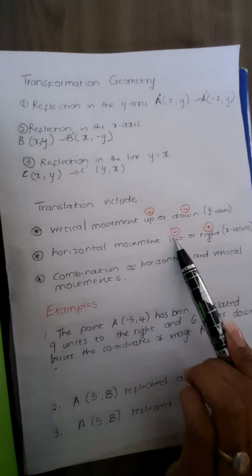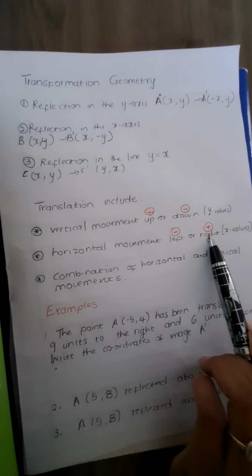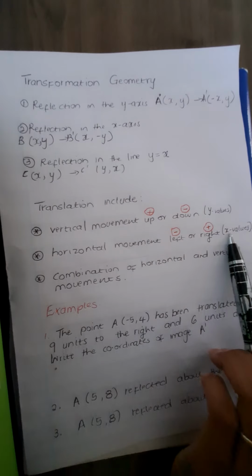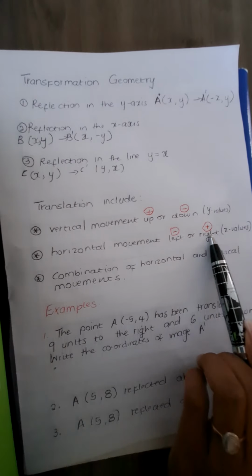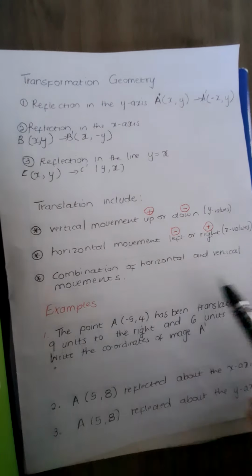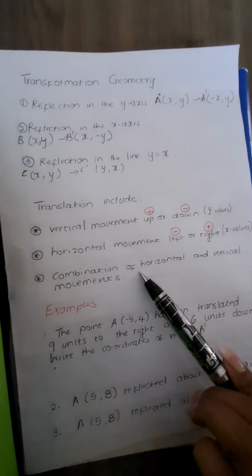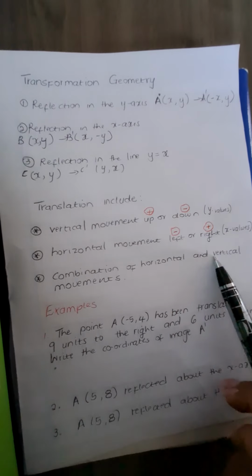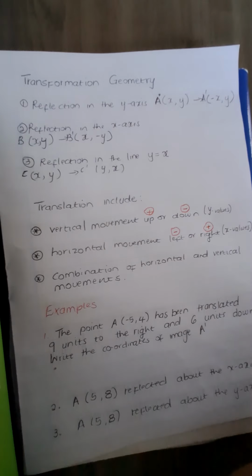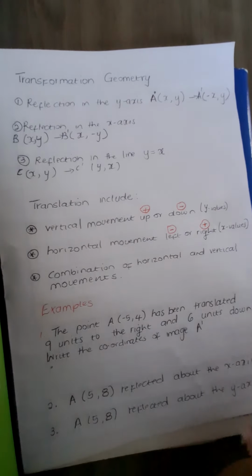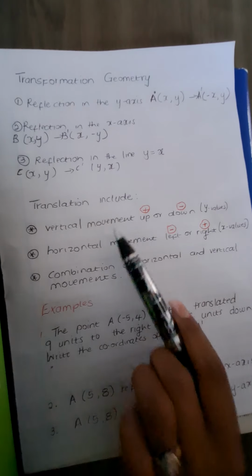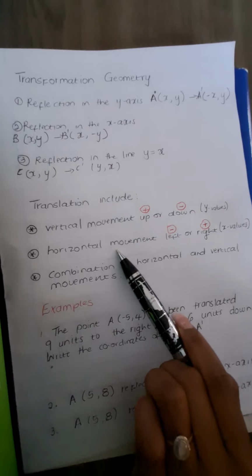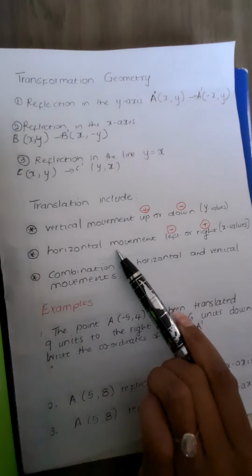It's either left or right, and those are your x values, and left will be negative, right will be positive. And then we can also have a combination of horizontal and vertical movements. What is important is that vertical goes with your y values, and horizontal movements go with your x values.